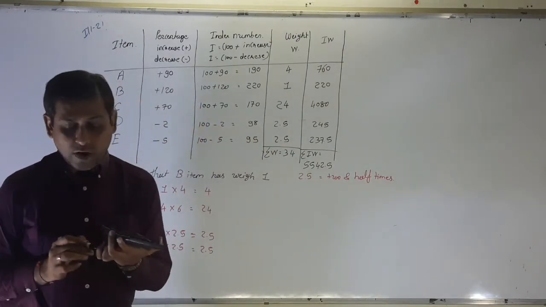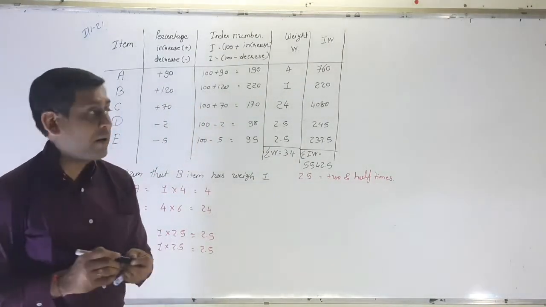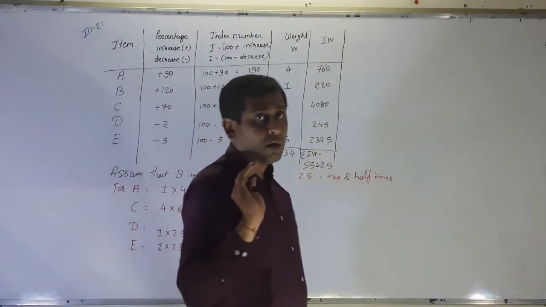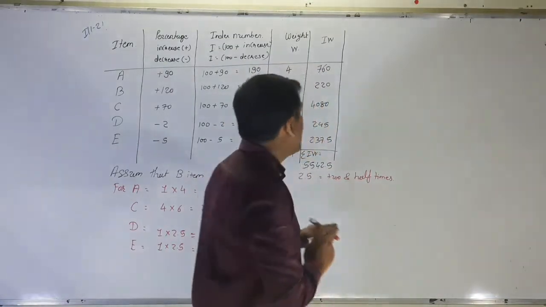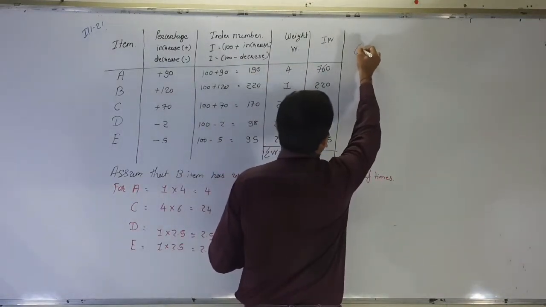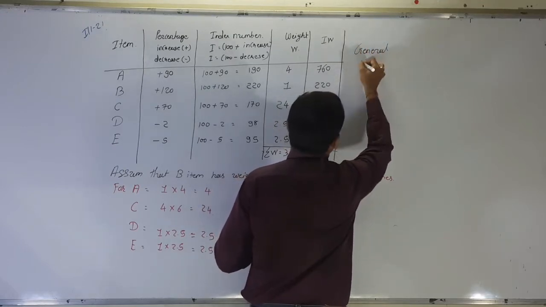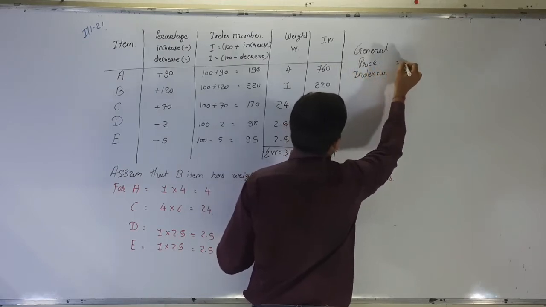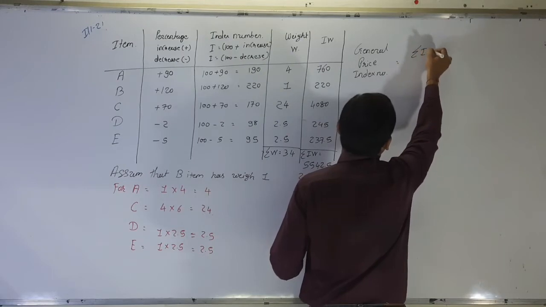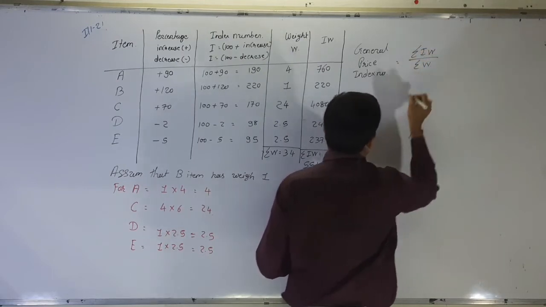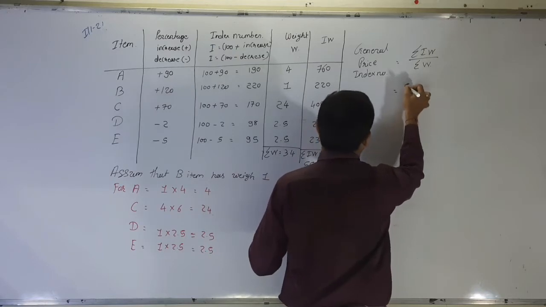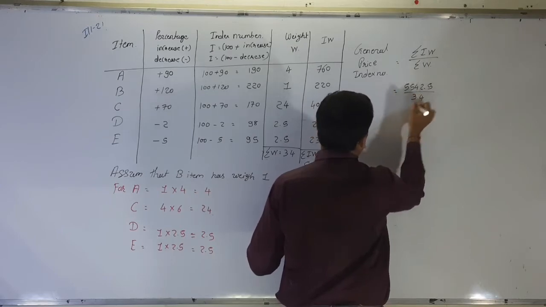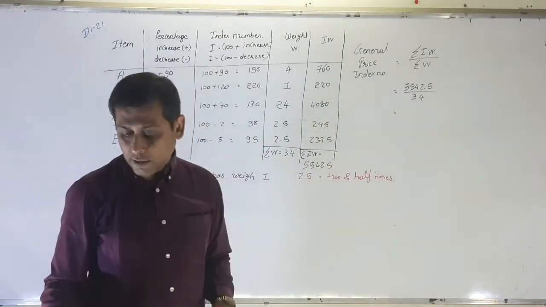Now we want the general price index number, but we have I and W. That's why we have to use the family budget method, that is sigma IW upon sigma W. So the general price index number is equal to sigma IW upon sigma W. What is the value here? 5542.5 divided by 34.